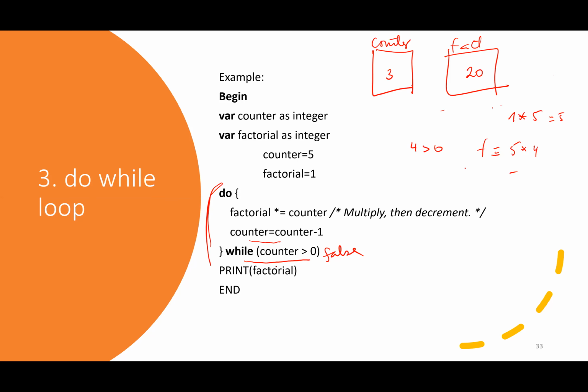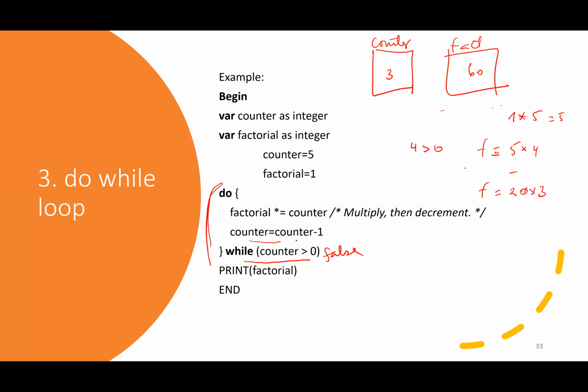Then we check the condition. Is 3 greater than 0? Yes. If yes, we do the same. Now factorial is going to be 20 times 3, so in factorial we are going to store 60.